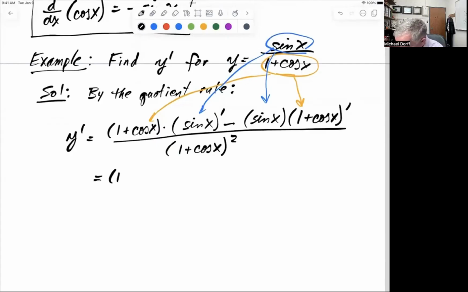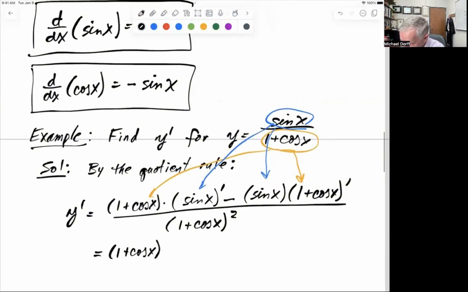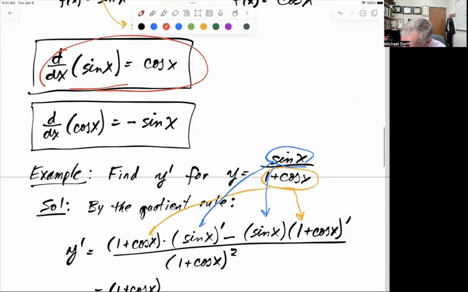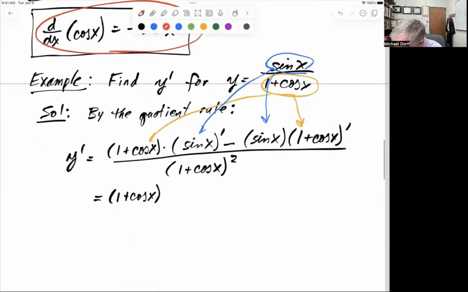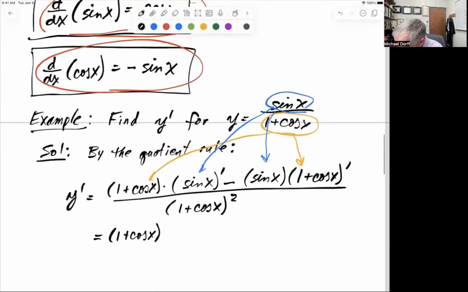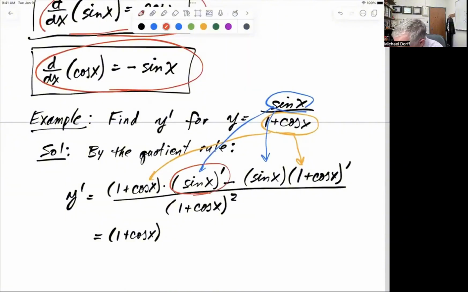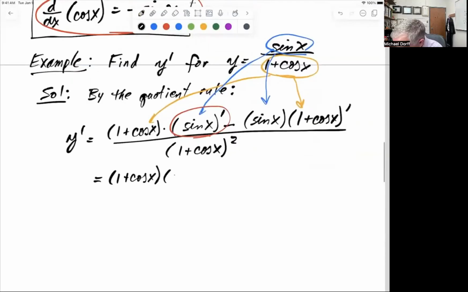Now we'll take the derivatives using the ideas that we just did today, the derivative of sine and the derivative of cosine. We're going to use those in here. So what do I have? I have the derivative of sine. And so we know the derivative of sine from above was cosine x minus sine x.